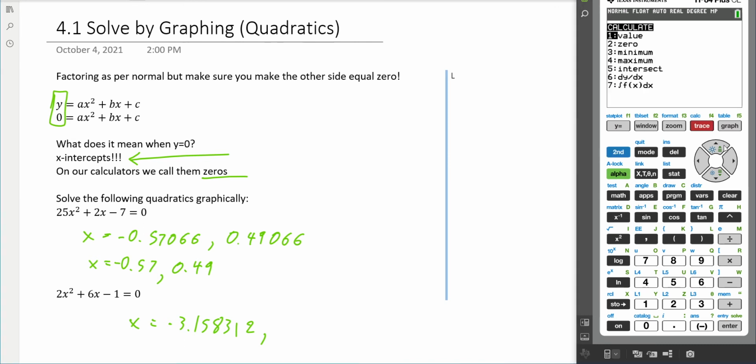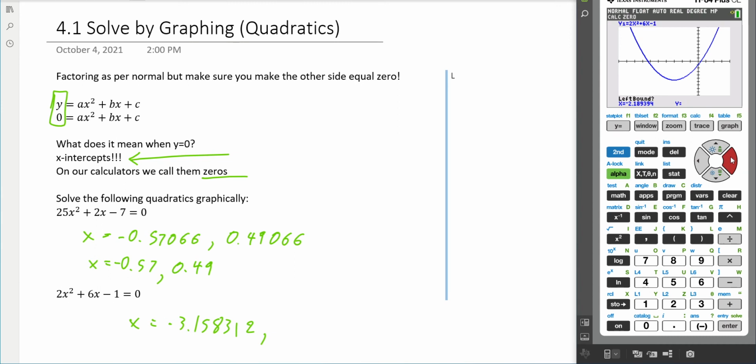So second function, calc, 0, our left bound, our right bound, and our point is 0.1583124.